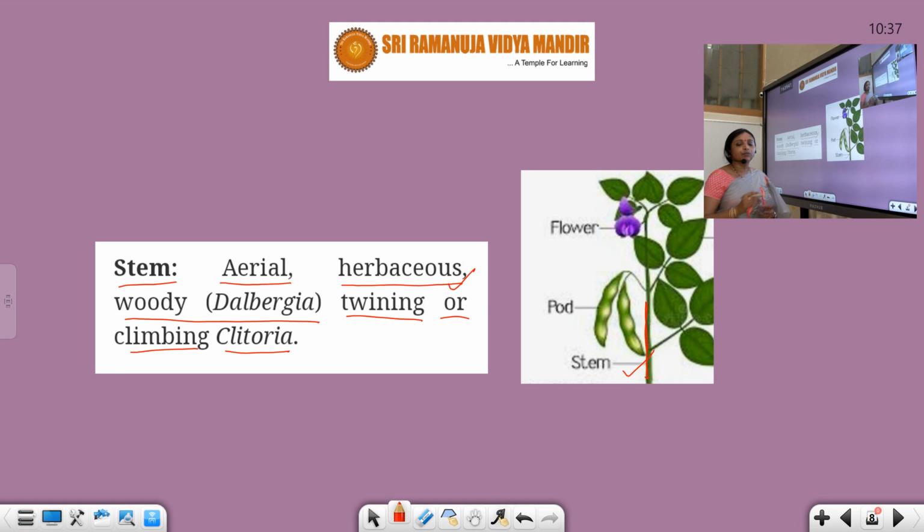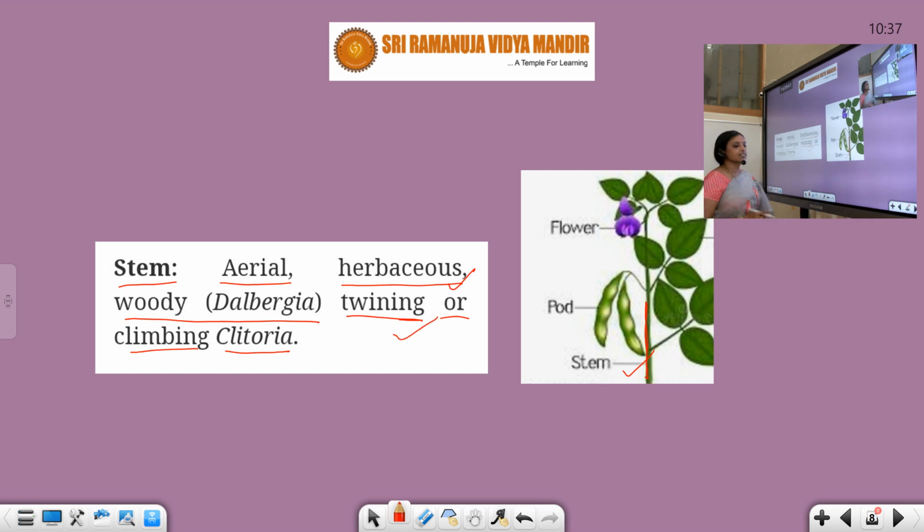The terminal leaflets of Pisum sativum also turn into tendrils, which help in the climbing of the plant, but that is a leaf modification. In the stem, generally herbaceous, woody in trees, we also find shrubs that are lightly woody, and twinning, and when tendrils are present, they are tendril climbers. All types of stems we can see in this family.